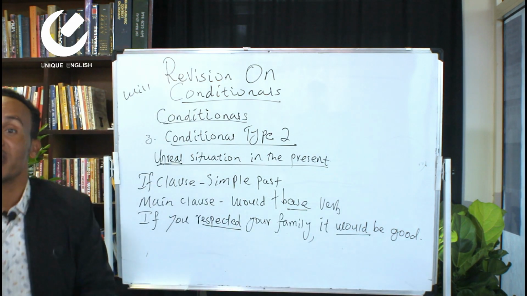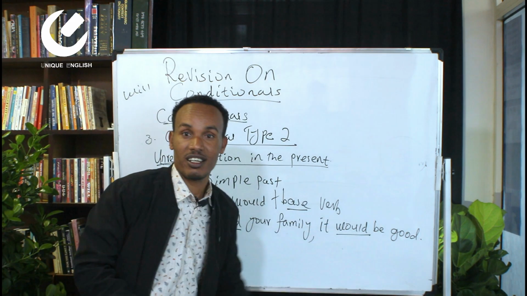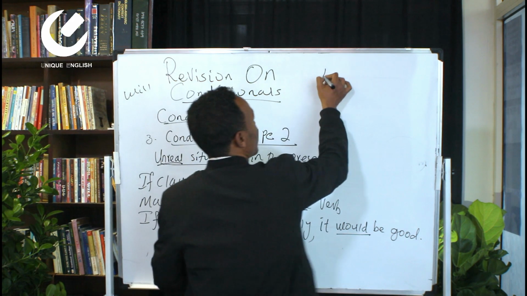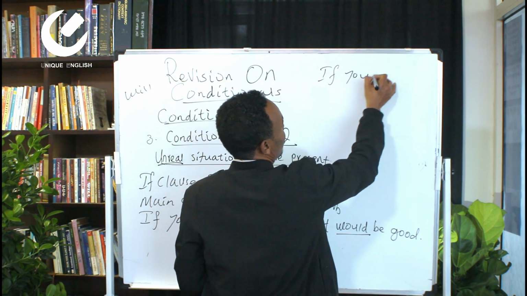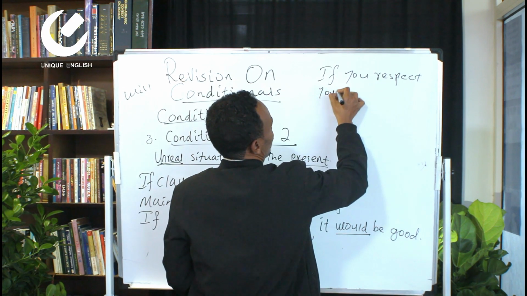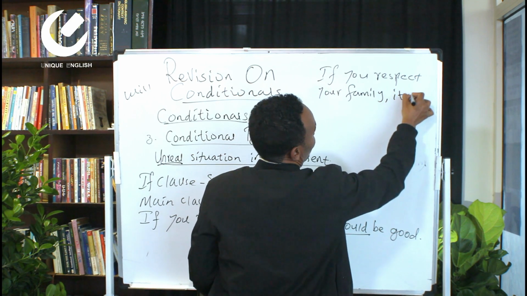Tell me, Ashenafi: if you respect your family, it will be good. Okay, what about this one, the earlier conditional type 1: if you respect your family, it will be good.